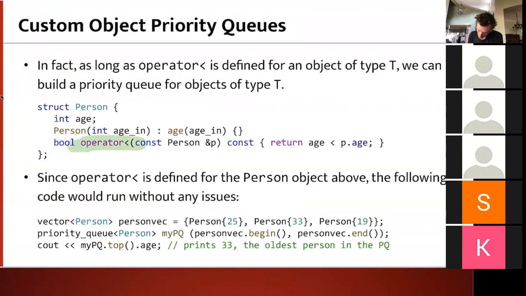Then in the priority queue, we don't have to define what the comparator will be, because it uses standard less for person by default, which is in fact this. Sorry, it's getting a little messy, but yeah. So that's a comparator.